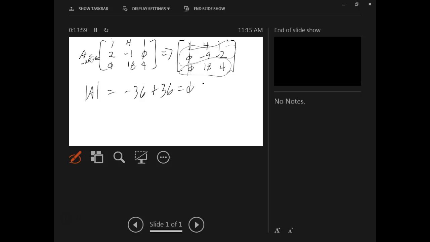If a computer could do 1 trillion operations per second, it would still take more than 1 trillion years to compute the determinant of a matrix using cofactor expansion. Yet row reduction would take only a few seconds. That's a big difference, a huge difference.